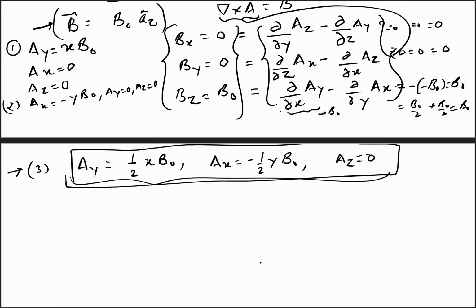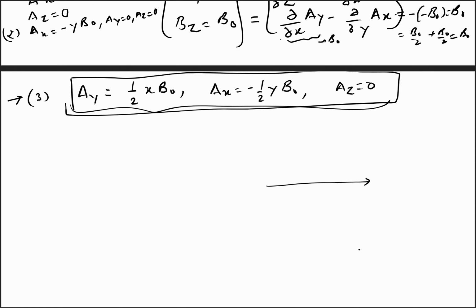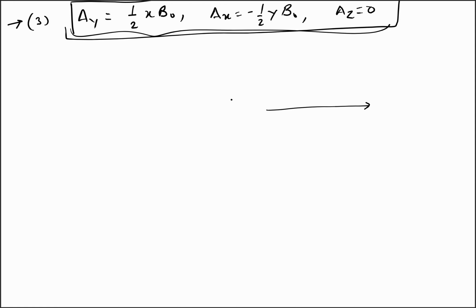Let us say this is the x-axis, this is the y-axis, and the z-axis is out of the plane of the paper. Now the vector potential has an x component proportional to y, and a y component proportional to x.